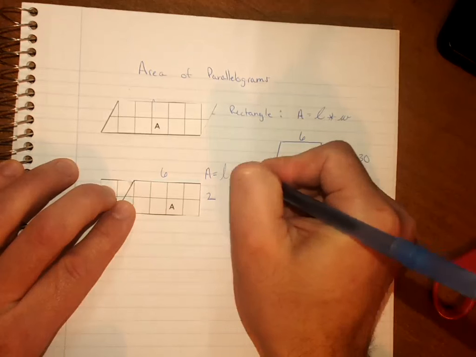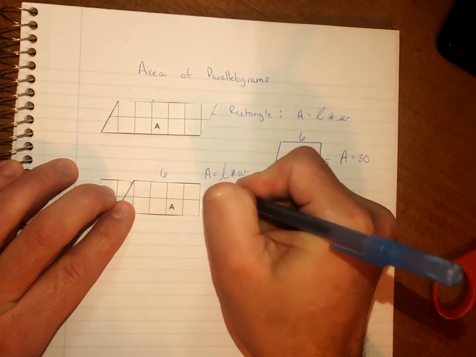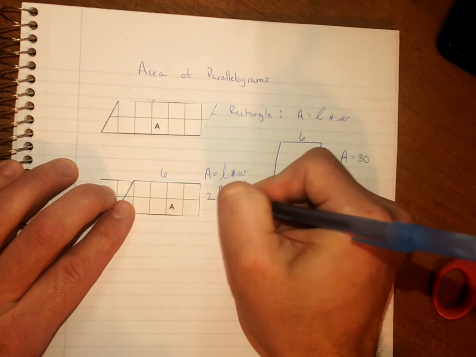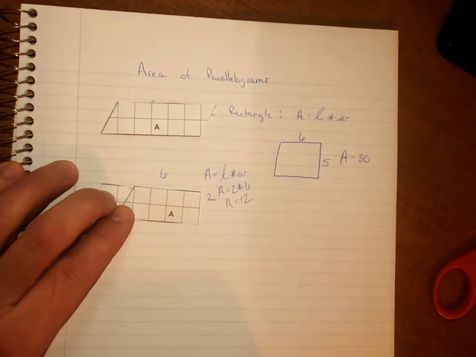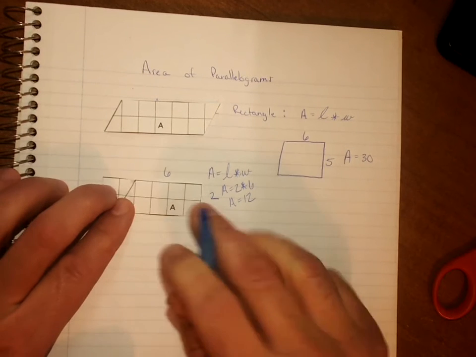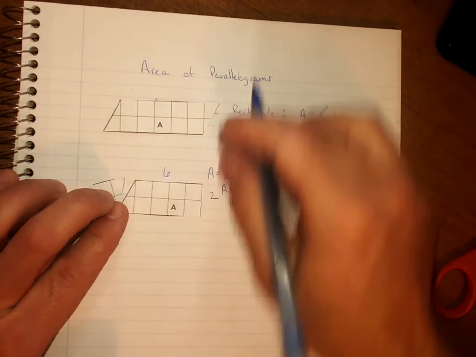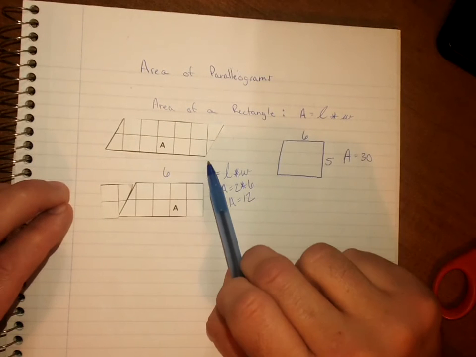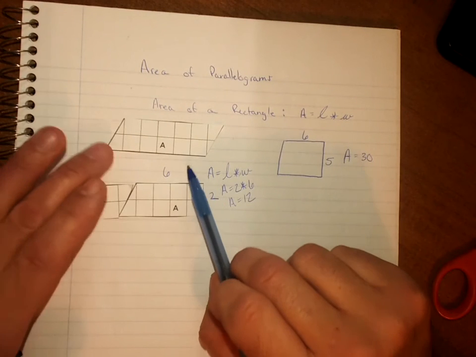The area is length times width. So this area equals 2 times 6. So the area equals 12 for this rectangle. Well, how would I get that with this? I don't necessarily know what this is. Well, it's almost the same way.